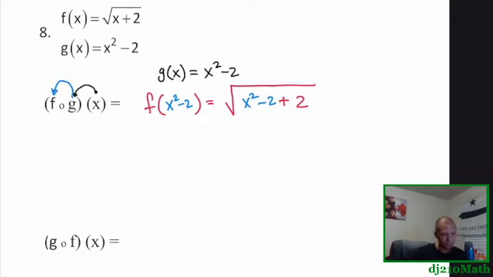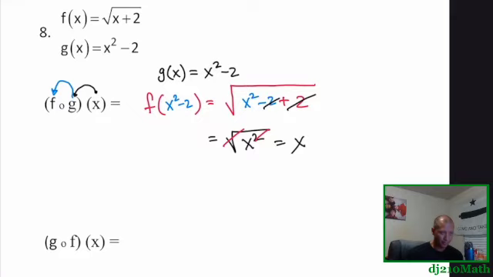Simplifying the right side: minus 2 plus 2 cancels, leaving behind square root of x squared. When you take the square root of a square, those cancel, leaving behind just x.